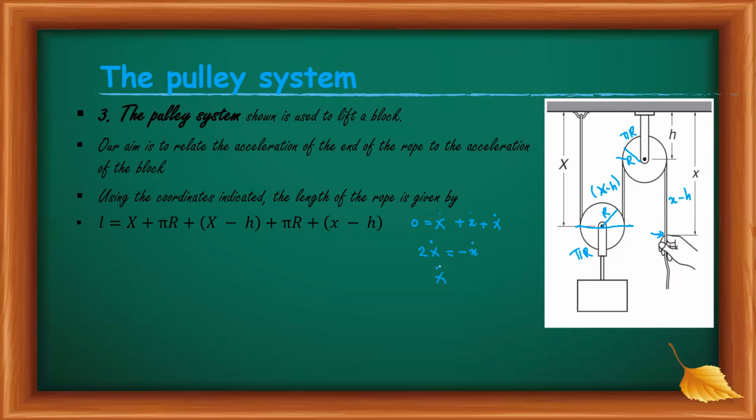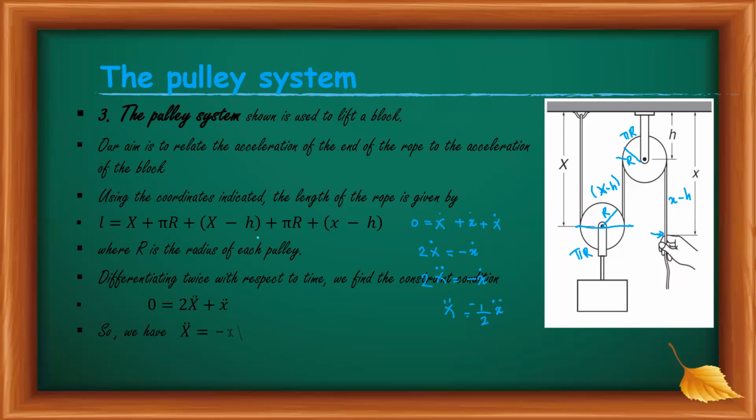Then capital X double dot also, 2x double dot is equal to minus X double dot, or x double dot is equal to minus 1 by 2 X double dot. So we will get 2x double dot plus X double dot, so x double dot is equal to minus X double dot by 2.